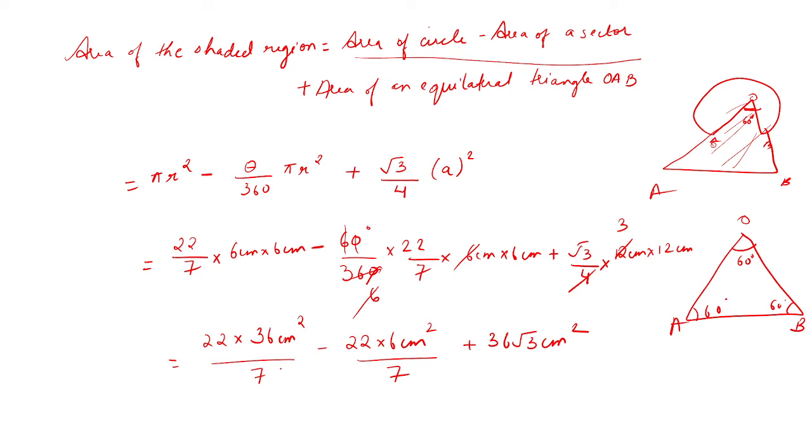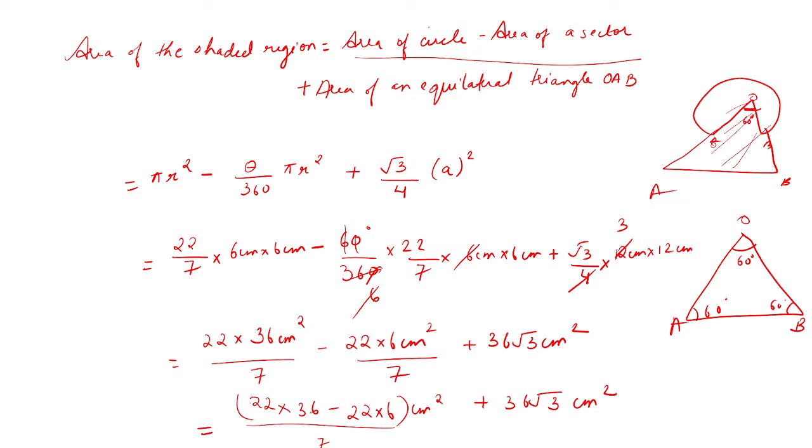Okay, clear? So when you calculate this area, you take the denominator, and you'll be getting this as 22 into 36 minus 22 into 6, in brackets, centimeter square plus 36 root 3 centimeter square.